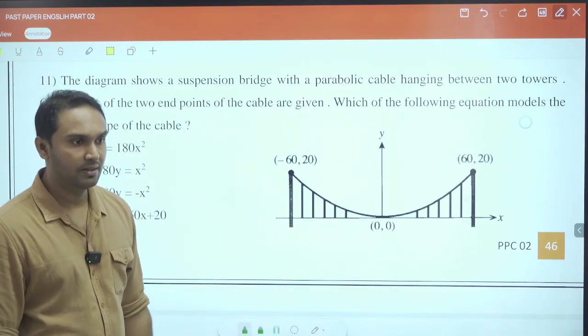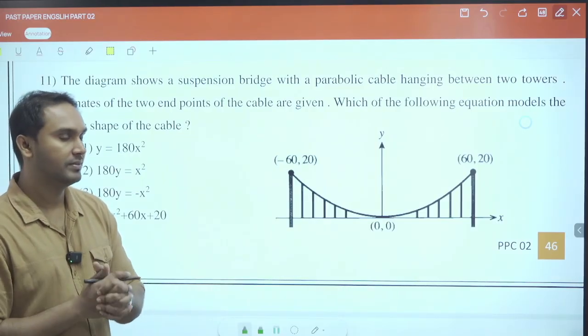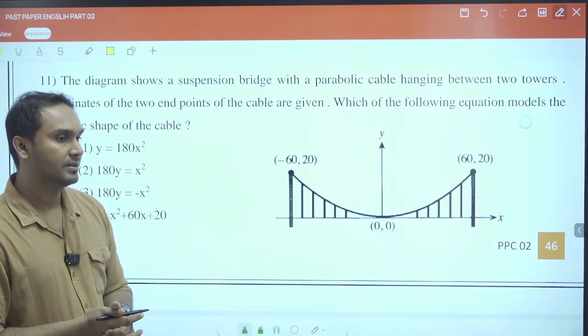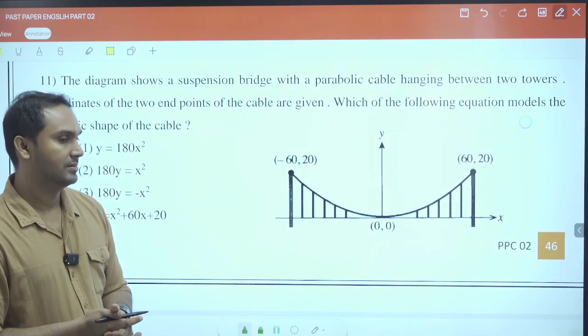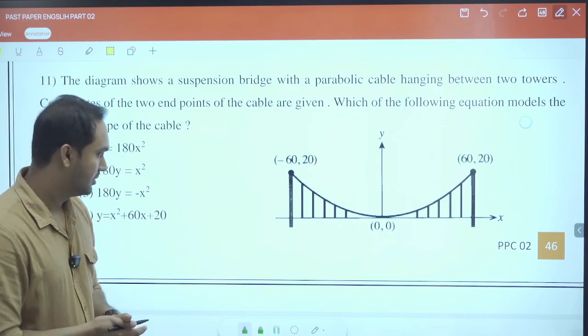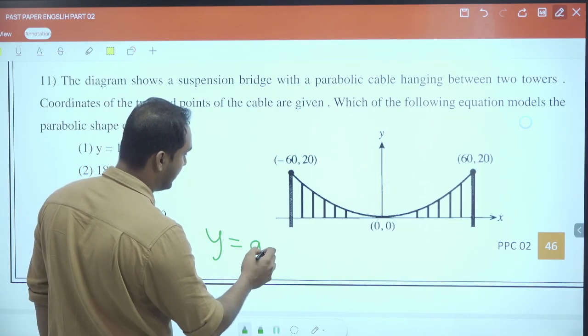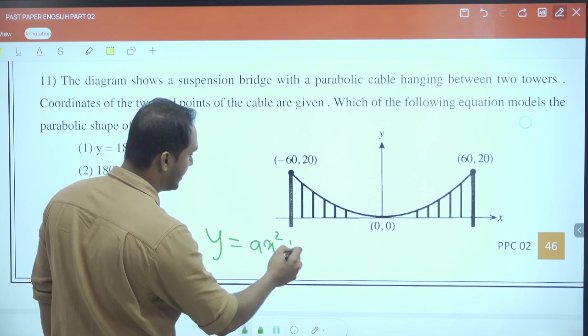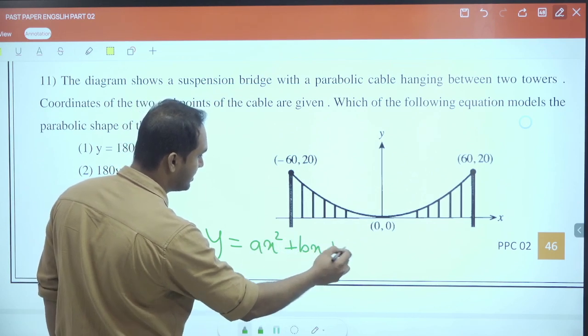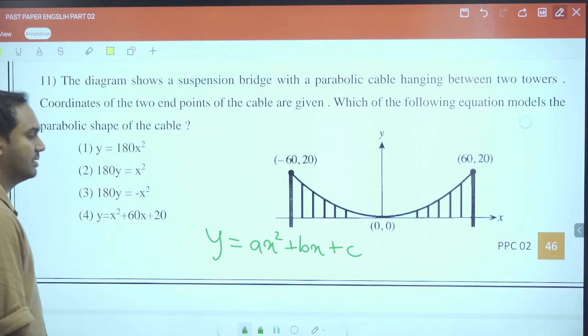Is there a way of finding the formula of a parabolic graph when the coordinates are given? There's a basic formula, which is y equals ax squared plus bx plus c. Now, this is the basic formula.